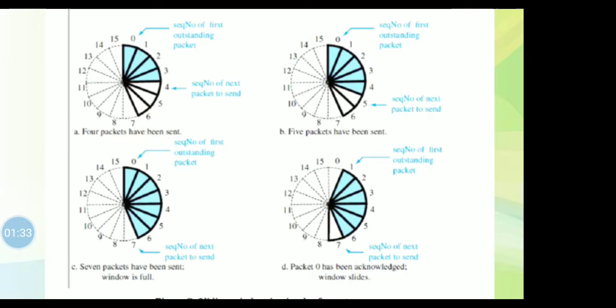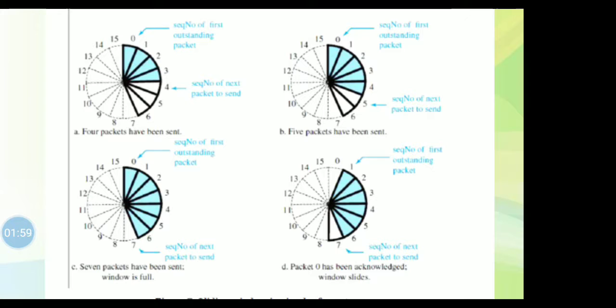When a packet is sent by the sender side, the corresponding slice is marked. The buffer is full and no further messages can be accepted from the application layer. When an acknowledgement arrives, the corresponding slice is unmarked.